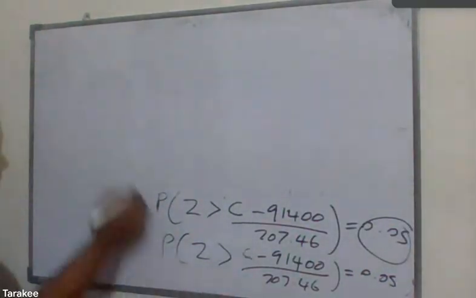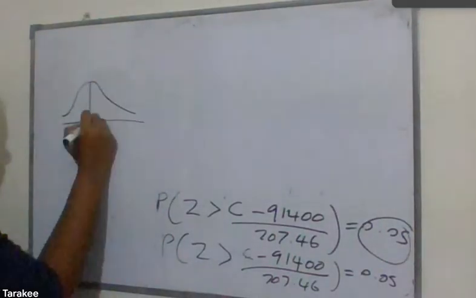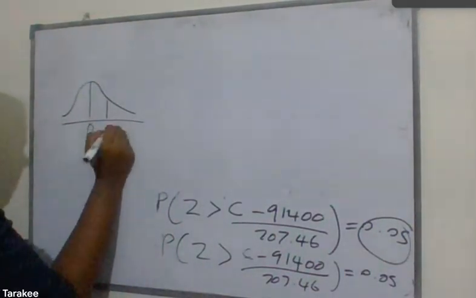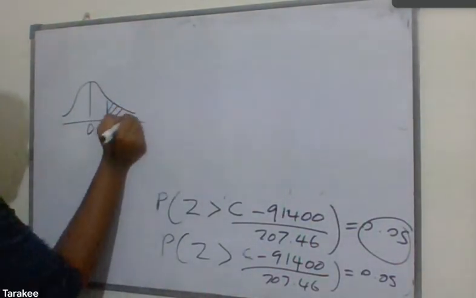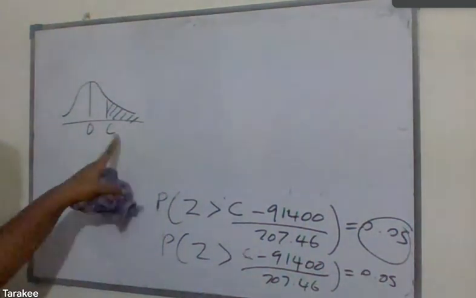Now we can't take it like this, because here we have C, Z greater than this value.